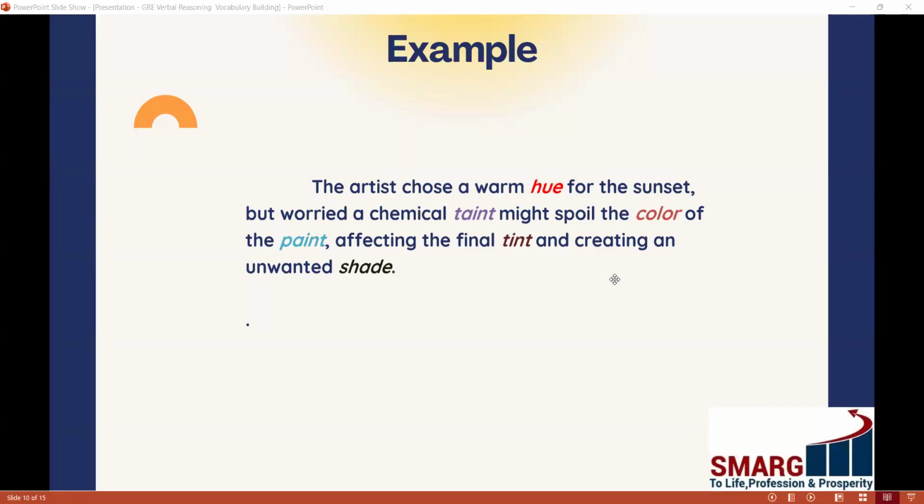So tint is any shade of a color when you're making it lighter. Shade is always a darker version. So that's the difference between a tint and a shade. Okay? Tint, lighter versions; shade, darker versions.